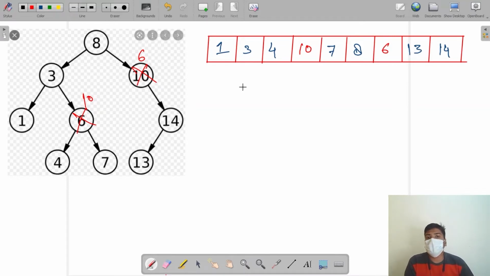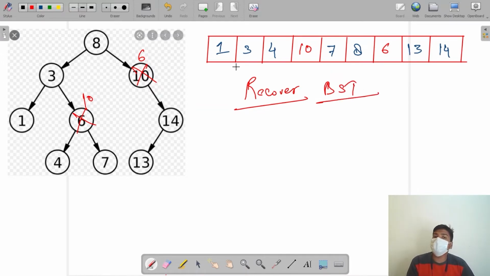This is the change that is given in this BST, and we have to recover our old BST. First of all, how can we do this? First of all, we have to see whether there is some change or not. If there is some change, we have to identify the places at which there is a change.